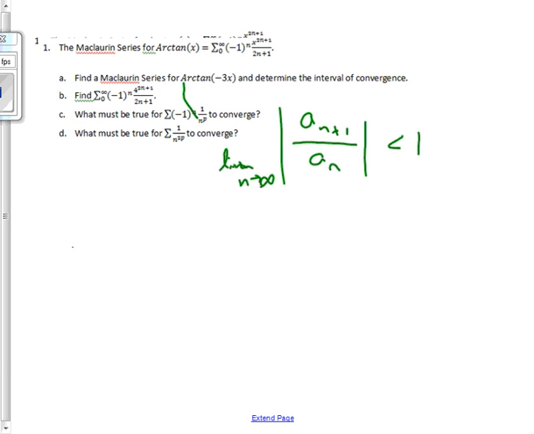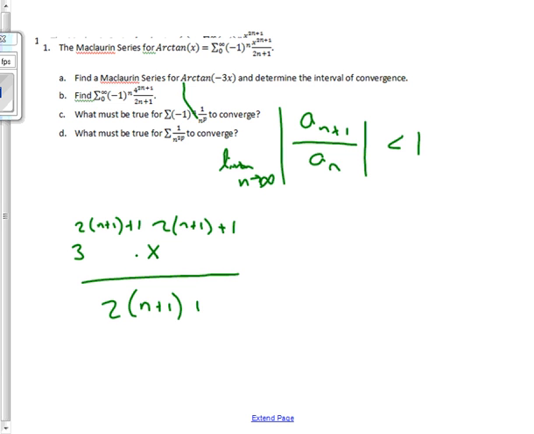So what we have is 3 to the 2n plus 1 plus 1 times x to the 2n plus 1 plus 1 all over 2n plus 1 plus 1, times 2n plus 1 over 3 to the 2n plus 1 times x to the 2n plus 1.